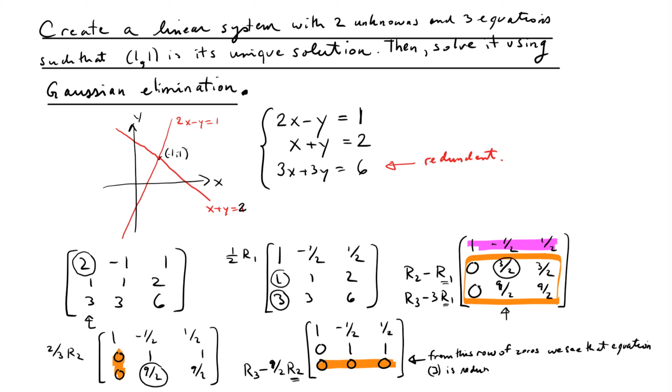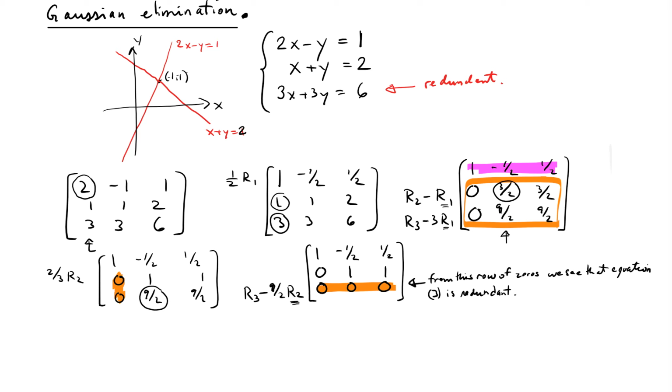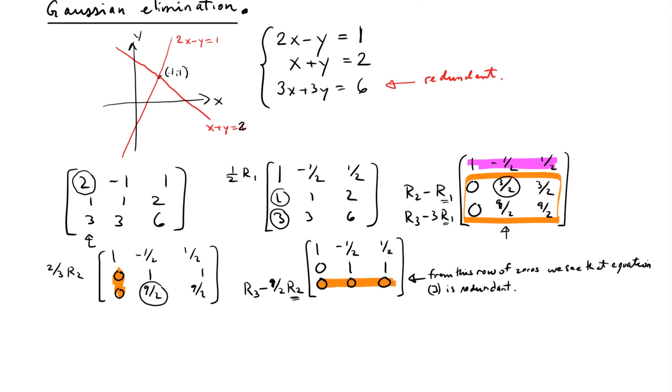Now it looks obvious because that's how I created my equations, but when you have like 10 equations, 10 unknowns, sometimes it's hard to see that one equation is actually redundant. But it will show up when you do Gaussian elimination.